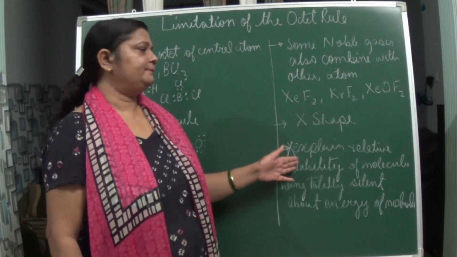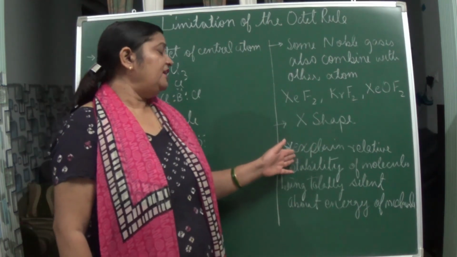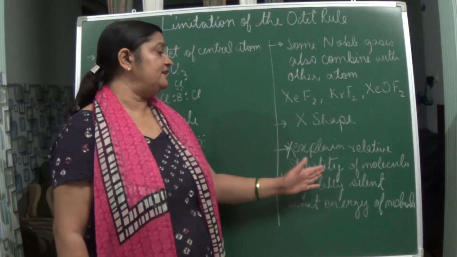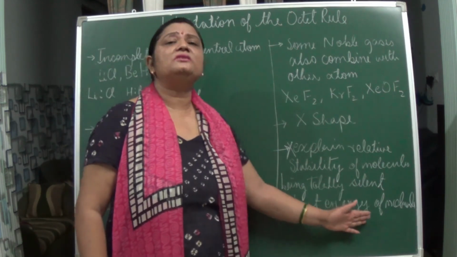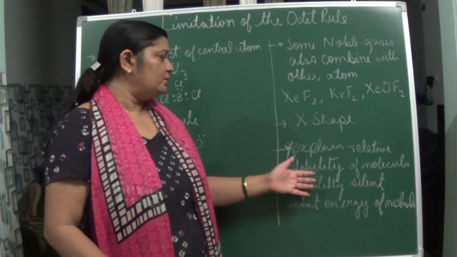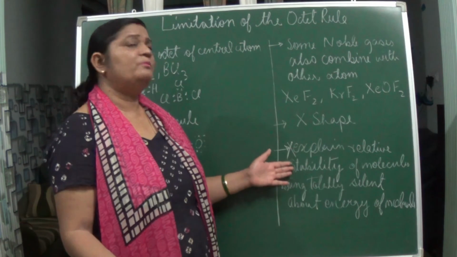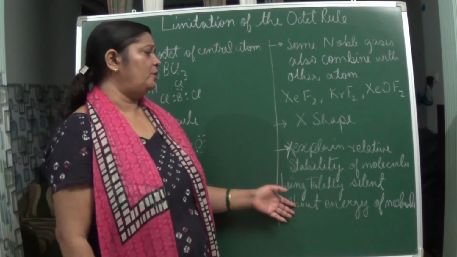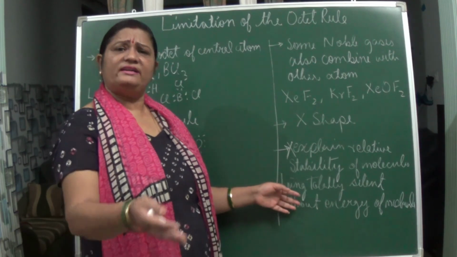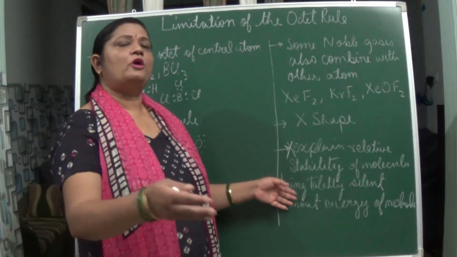Okay, next. It could not explain the relative stability of the molecules, being totally silent about the energy of the molecules. So they are not saying basically how stable it is, and about the energy also, properly. They said that the lowest energy will have the lowest formal charge.